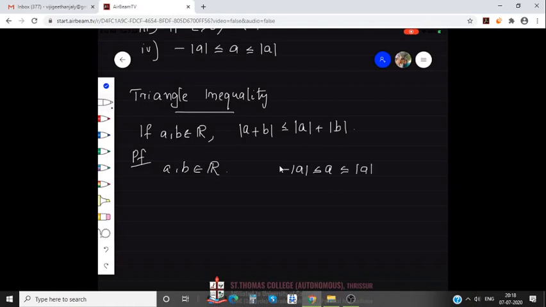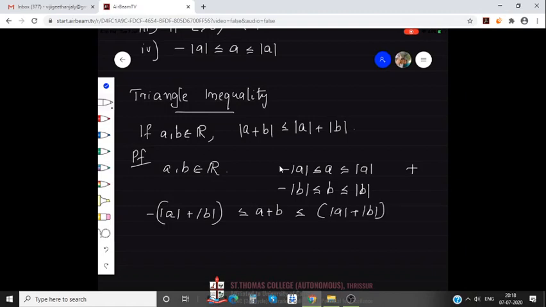Similarly, b is a real number, so minus modulus of b is less than or equal to b less than or equal to modulus of b. Add these two inequalities, so that we get minus of absolute value of a plus absolute value of b is less than or equal to a plus b less than or equal to absolute value of a plus absolute value of b.